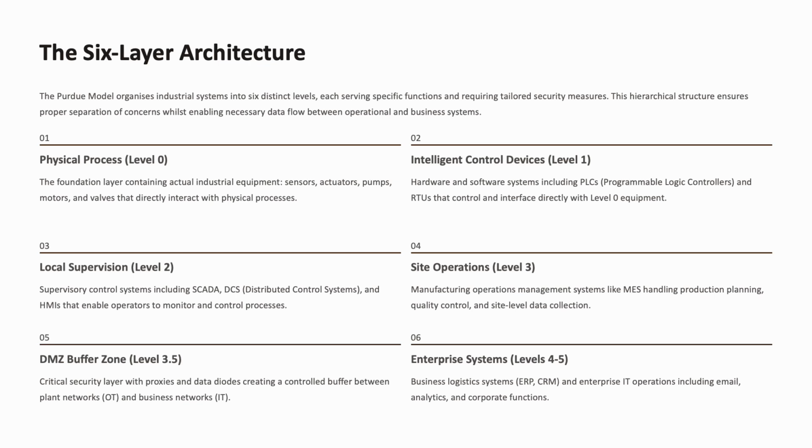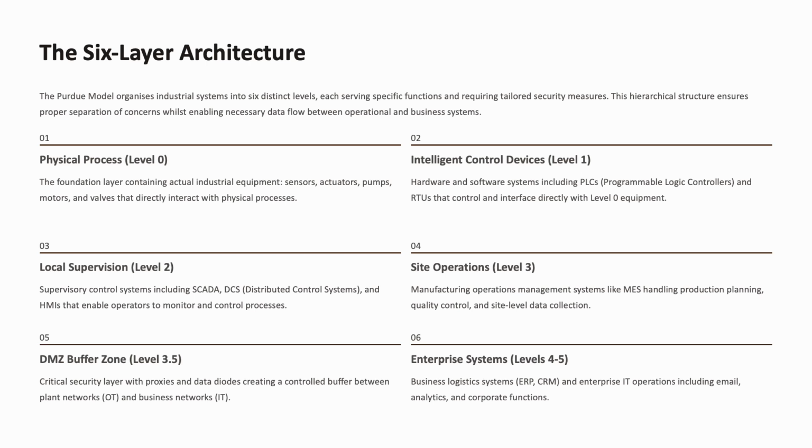Level 1 is intelligent control devices. The layer just above includes programmable logic controllers or PLCs and remote terminal units called RTUs. These devices are responsible for processing input from level 0, executing control logic, and sending out commands back to the physical equipment. Then comes level 2.